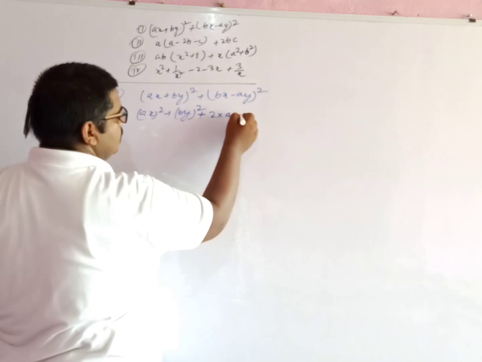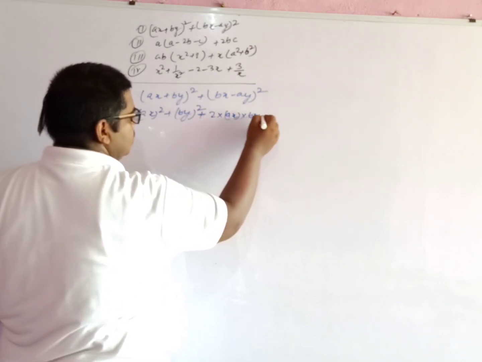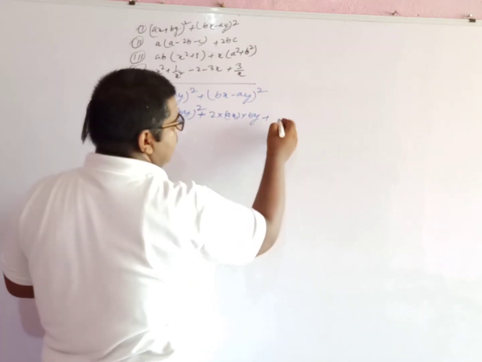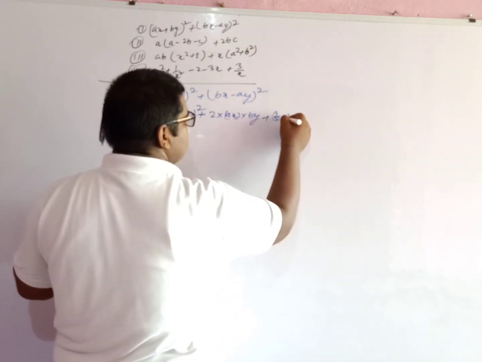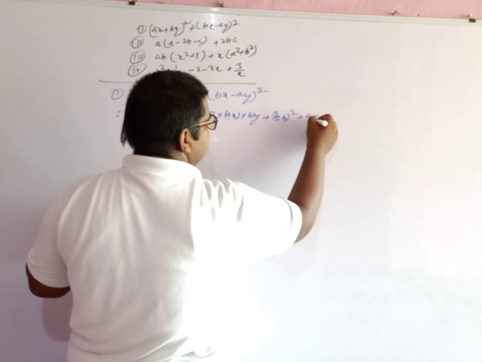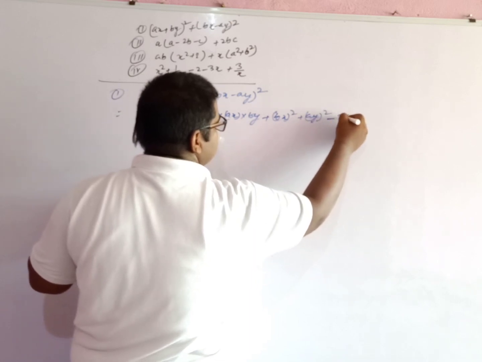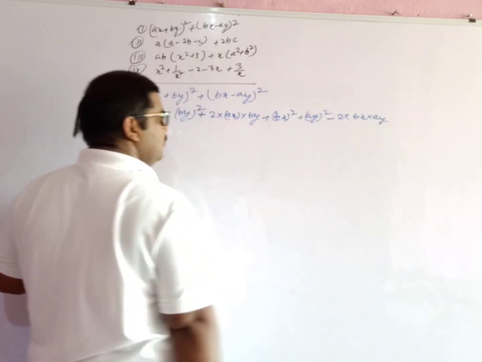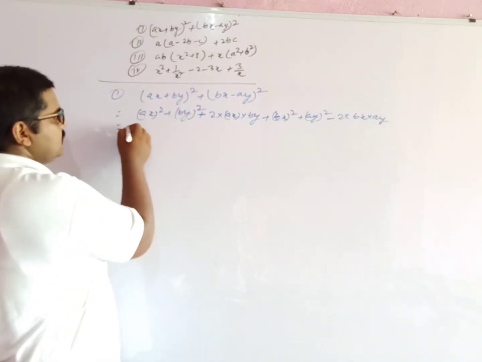And in this one you have to apply a square plus b square minus 2 into a into b. This formula you have to apply two times.